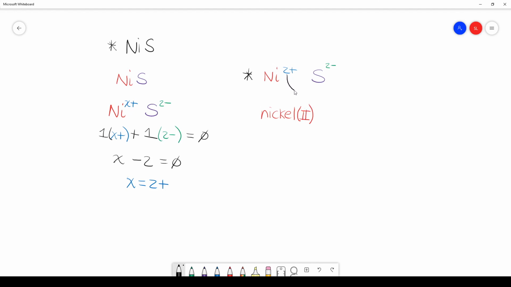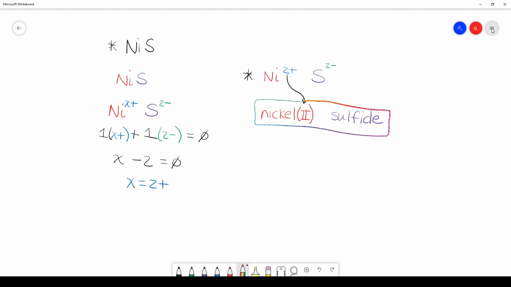It comes directly from that 2. Whatever charge I calculated becomes the Roman numeral in parentheses. In this case, nickel(II) is a single word for my cation. I then have a space, and now the name of the anion, which is sulfide. Cation name, anion name: nickel(II) sulfide.